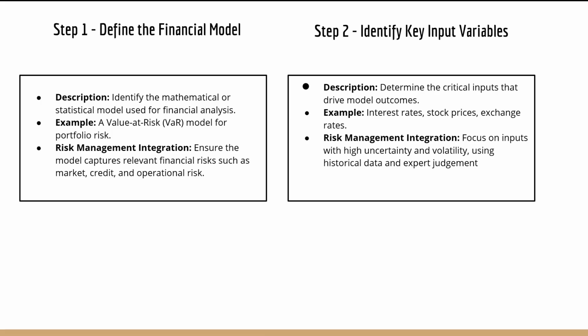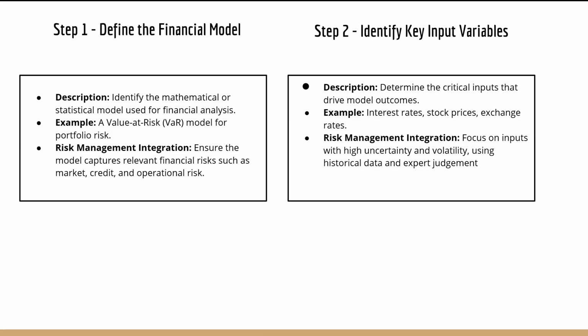An example would be a value at risk model for portfolio risk. And the risk management integration here is to ensure that the model captures relevant financial risks such as market, credit, and operational risk.